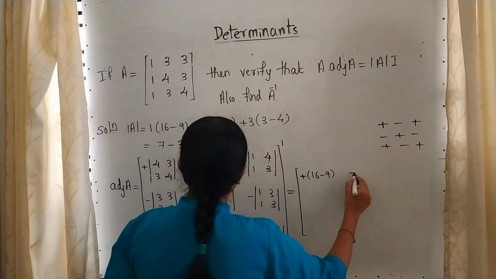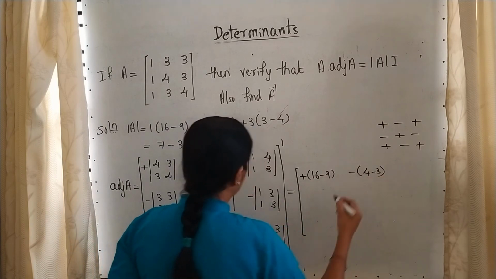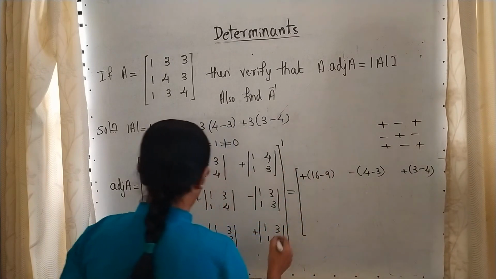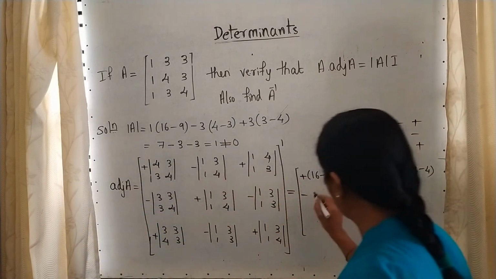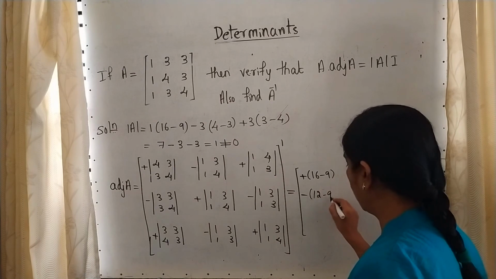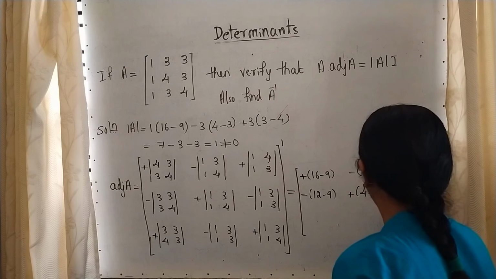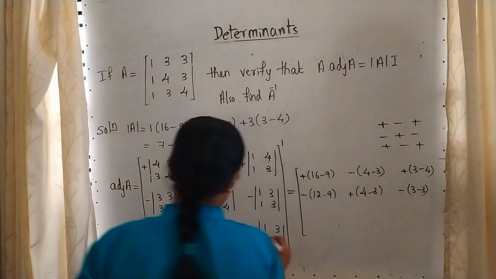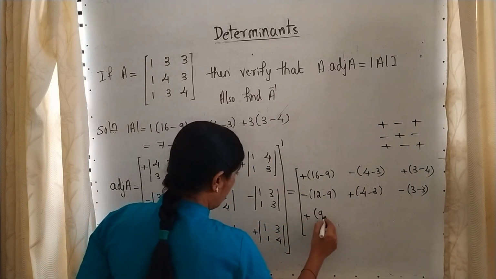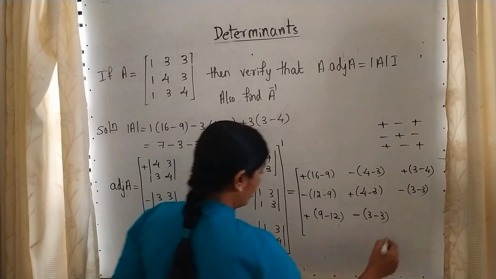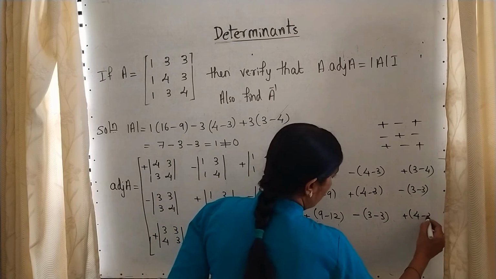16 minus 9, minus 4 minus 3, plus 3 minus 4. Then minus 12 minus 9, plus 4 minus 3, 3 minus 3. Then plus 9 minus 12, minus 3 minus 3, plus 4 minus 3.